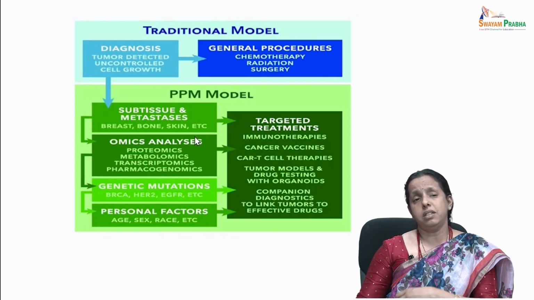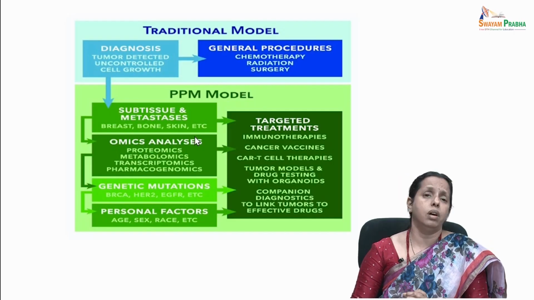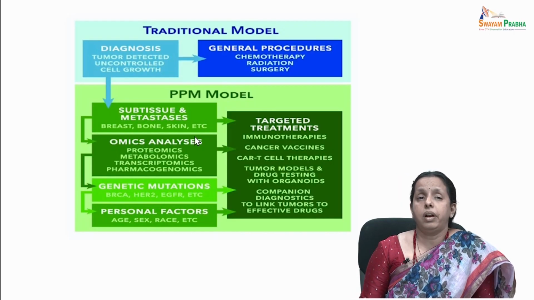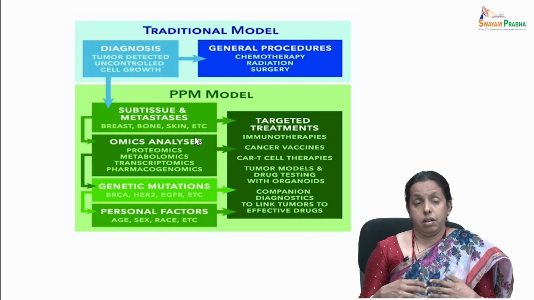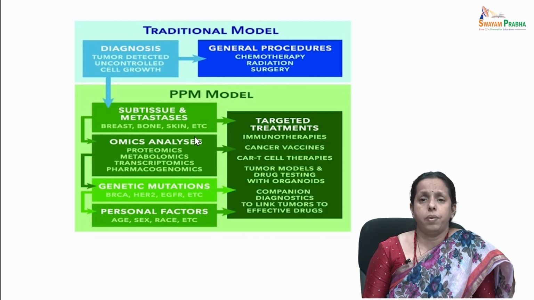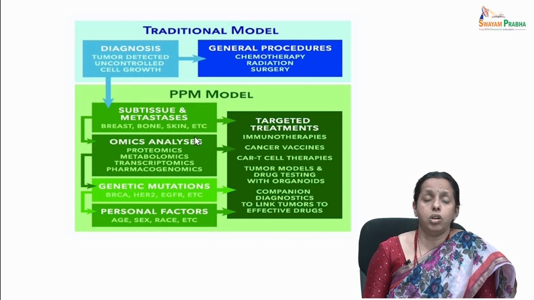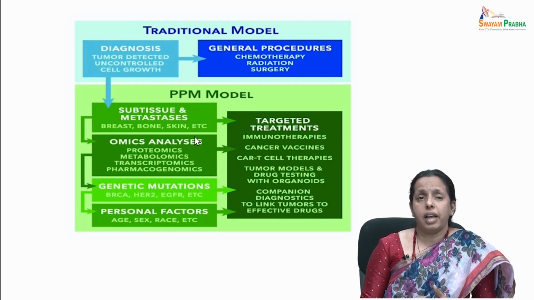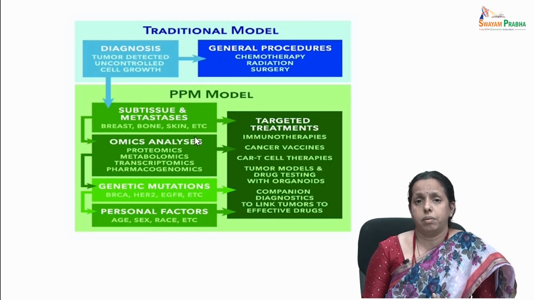Just imagine, in 2001 the whole Human Genome Project was completed. People thought it was a revolutionizing event that could benefit mankind in many ways. This whole genome project is very useful for NGS applications in cancer diagnostics.